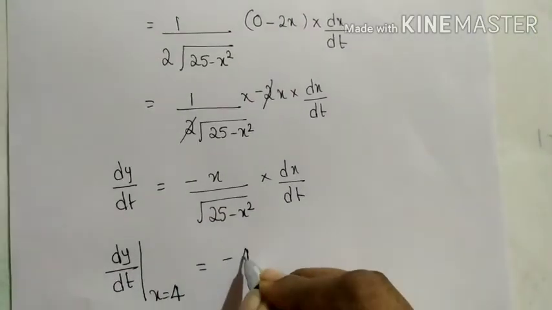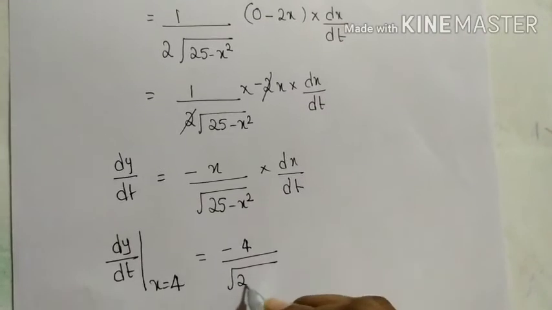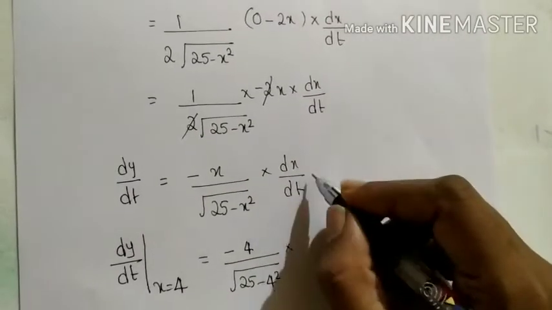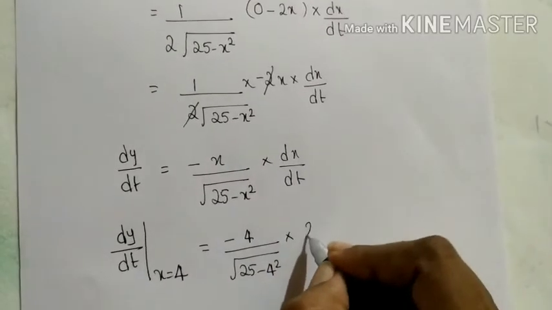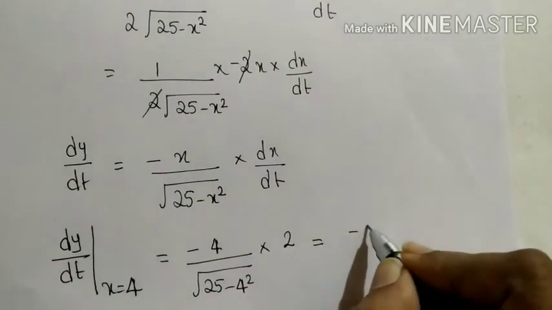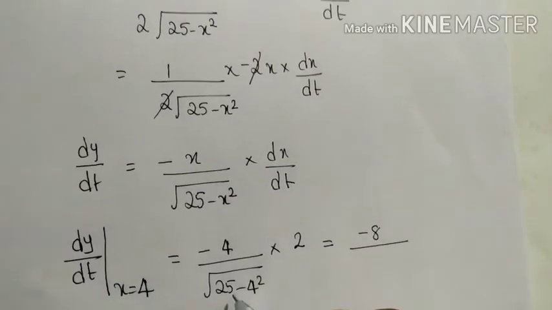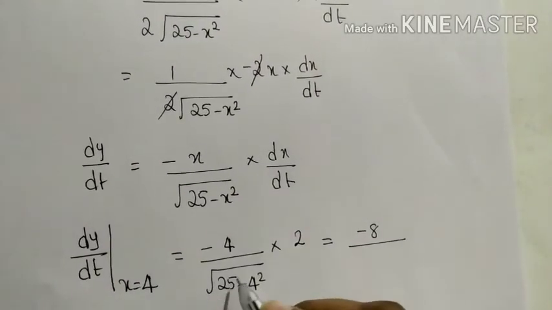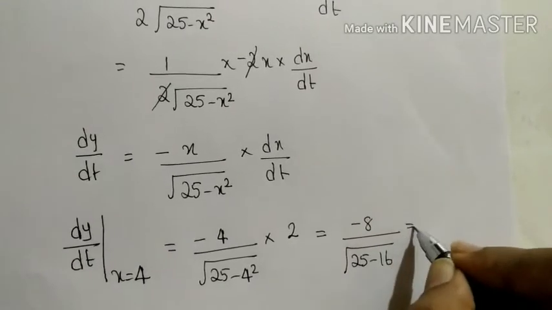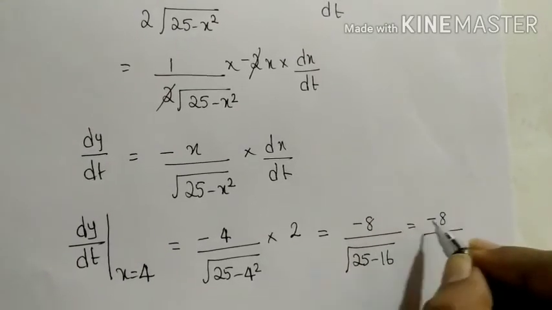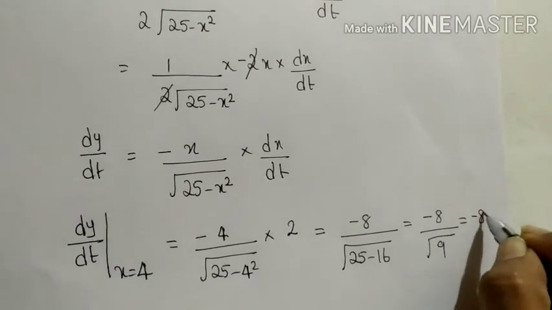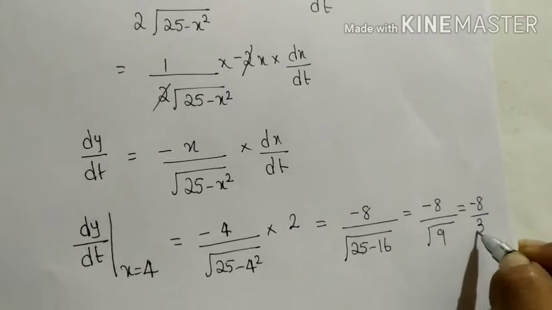We get minus 4 divided by root of 25 minus 4 square into the value of dx by dt, which is 2, and which will be equal to minus 8 divided by root of 25 minus 16, and which will be equal to minus 8 by root 9, and we know that root 9 is 3.